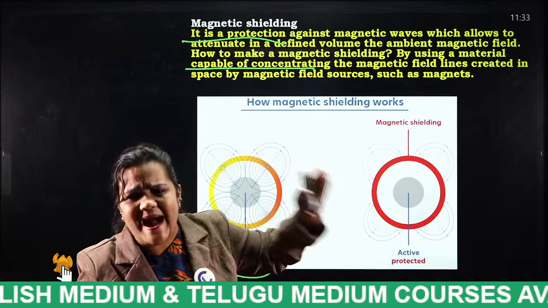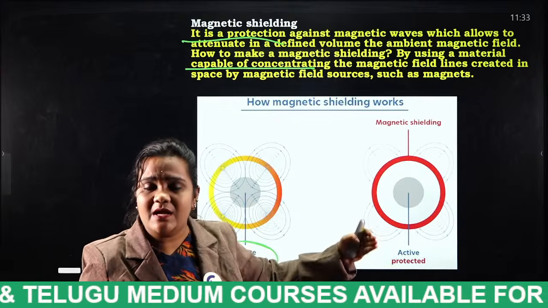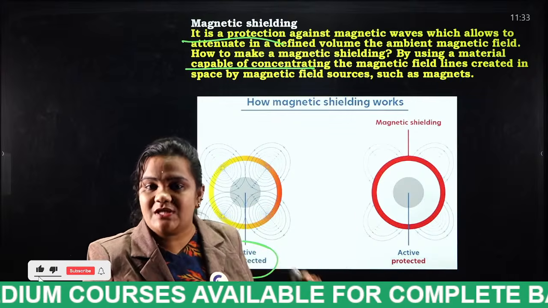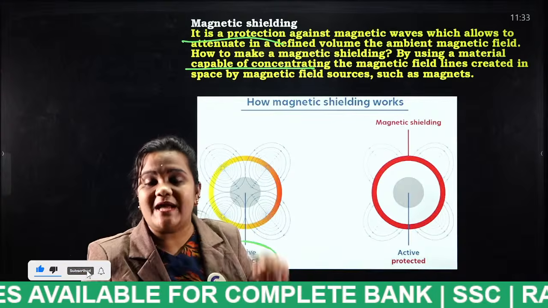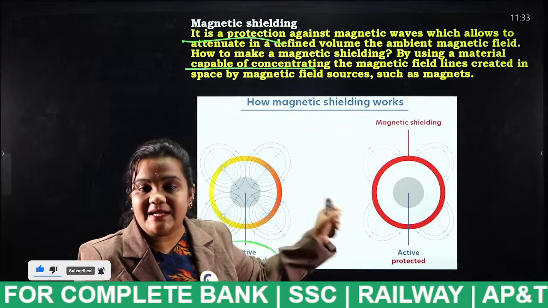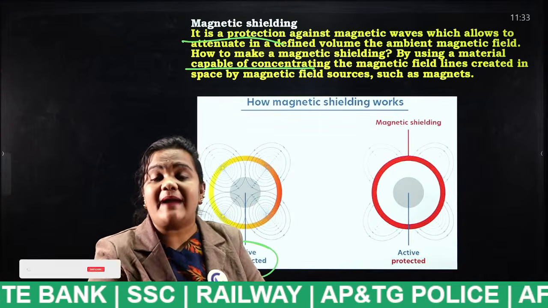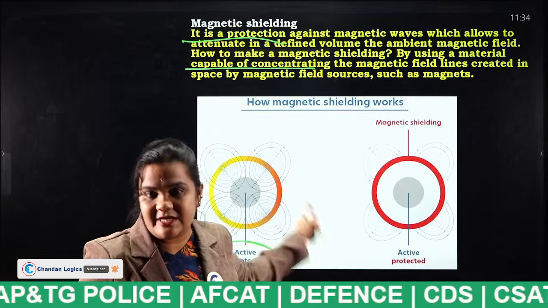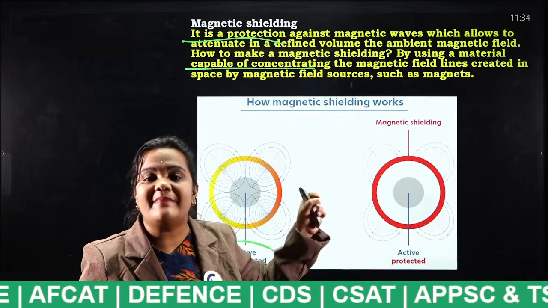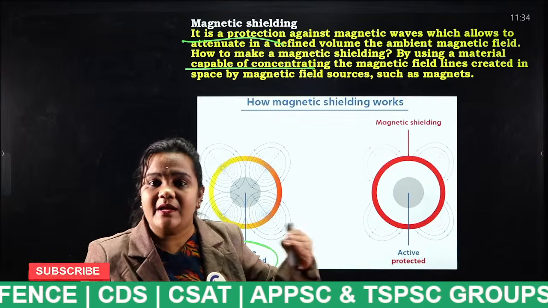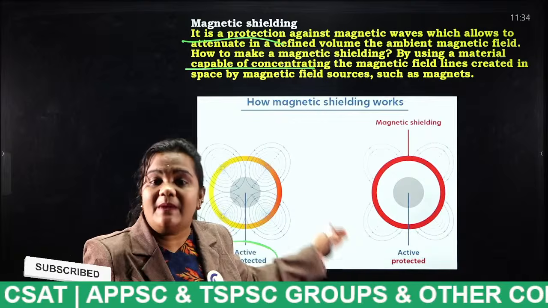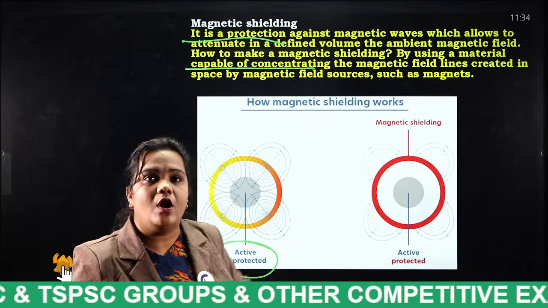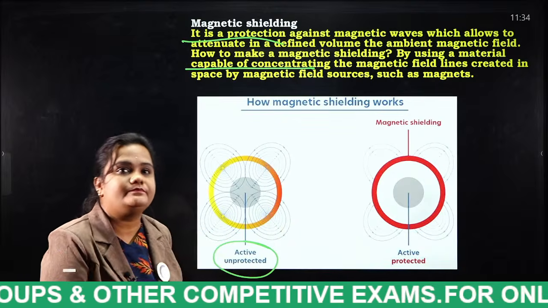If we use plastic for the magnetic shielding, there will be no protection for that magnet. So the magnetic shielding should be done with magnetic material itself. If we use magnetic material for shielding, that shielding will be active and protected. Very good.